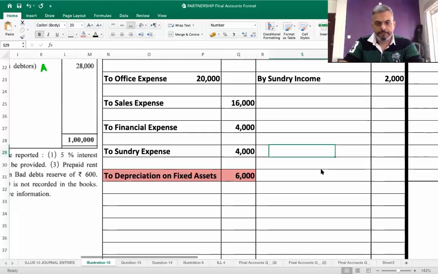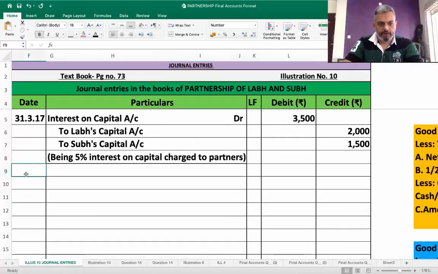Let's write the journal entry. So go to journal entry format. Now you all know the entry for depreciation.